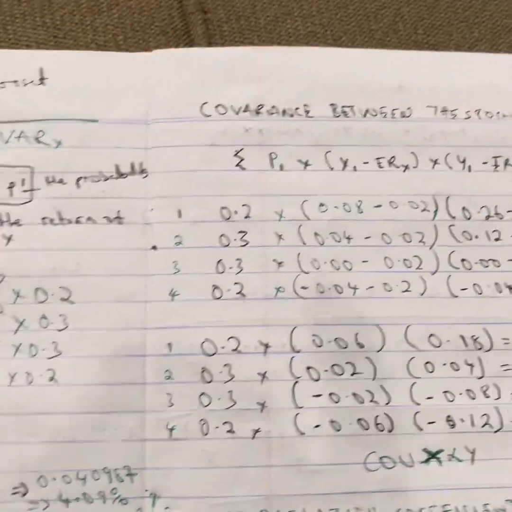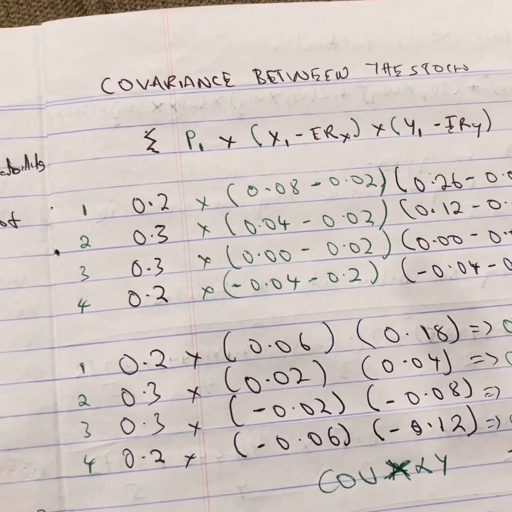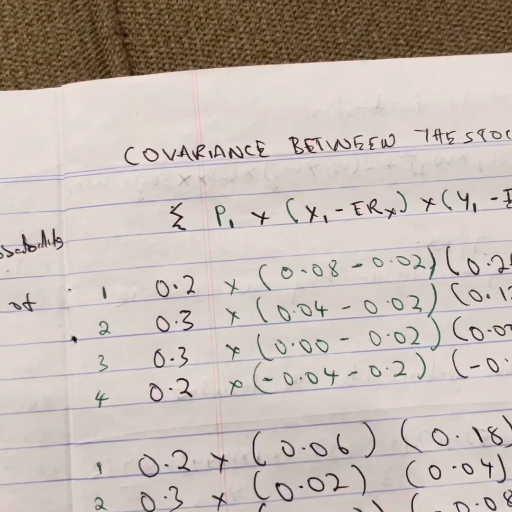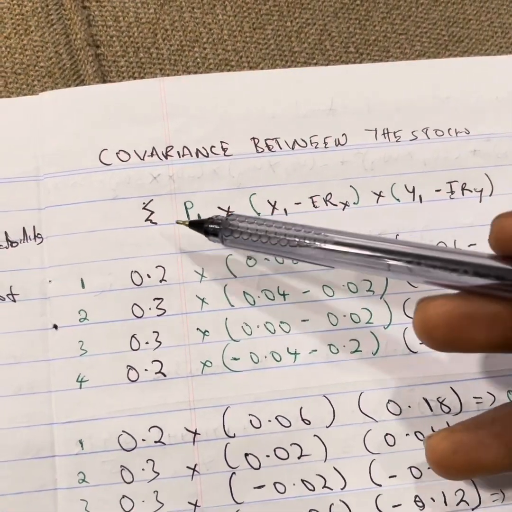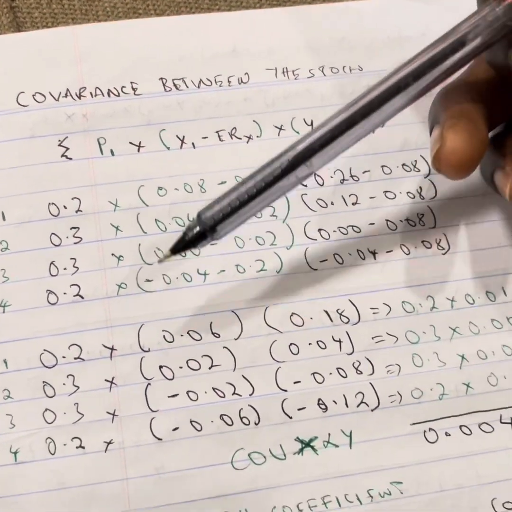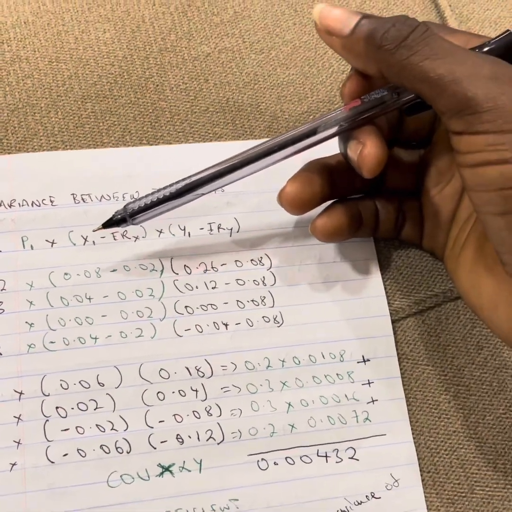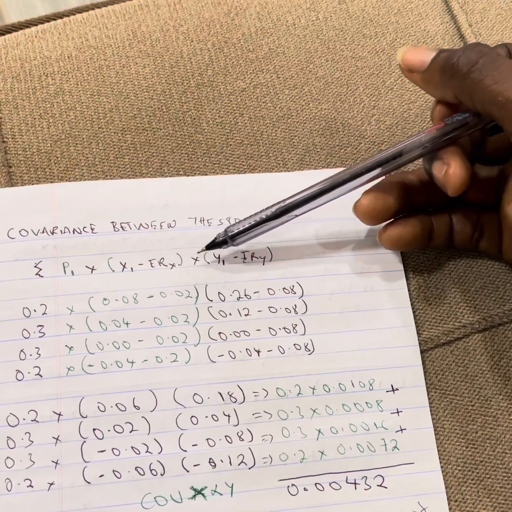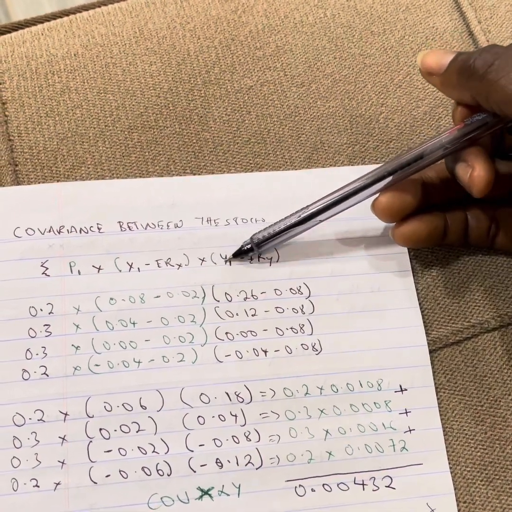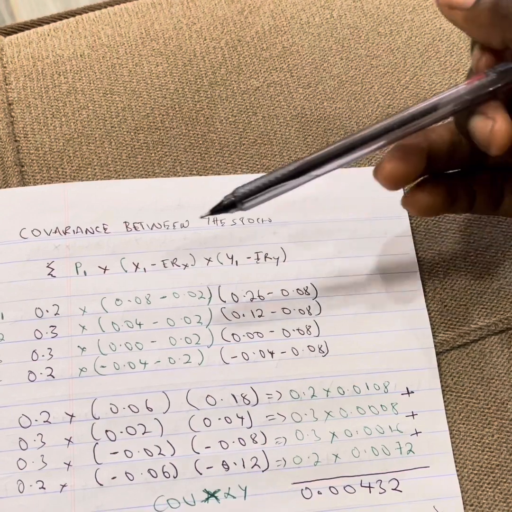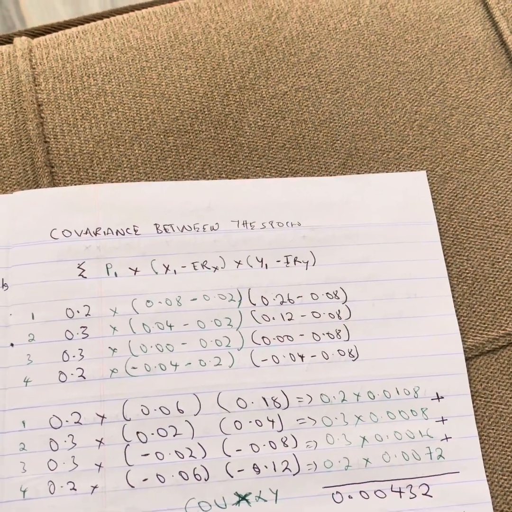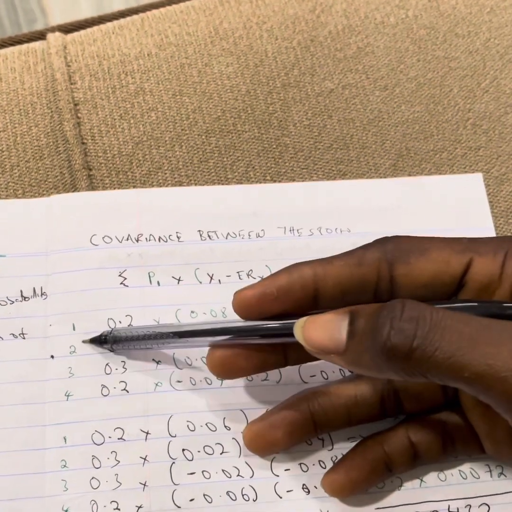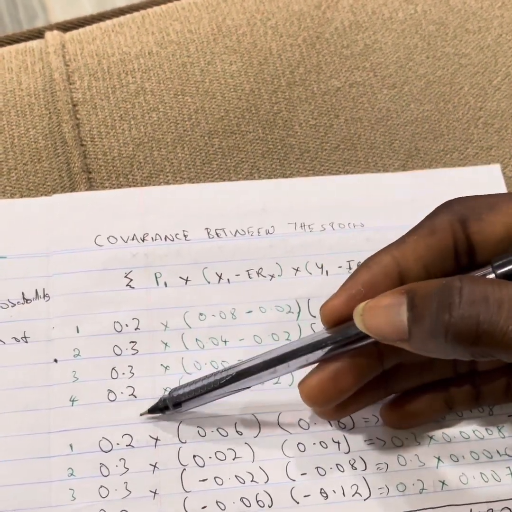All right. So in finding the covariance between the stocks, we have the probabilities multiplied by the X values minus the expected return of X, which multiplies the Y values minus the expected return of Y in the same year. So for year 1 to 4, the probabilities are constant.